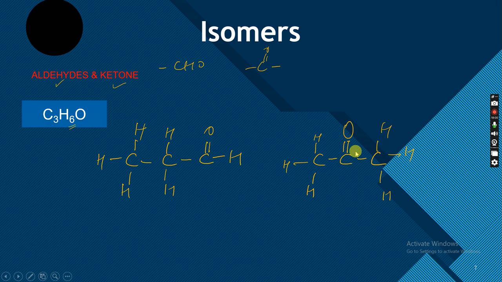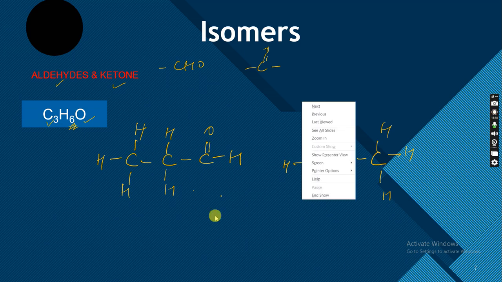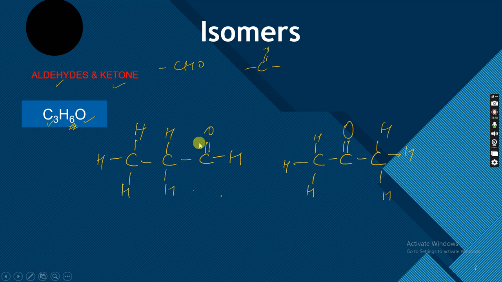Now you count the total number of hydrogens, 1 2 3 4 5 6, the same 6 hydrogens, 1 oxygen and 3 carbons, right? So can we call them isomers, yes or no? Because their structural formulas are different, but the molecular formula is the same. Both have 3 carbon atoms, 6 hydrogens and oxygen, but their structures are different, right? So they are also isomers of this compound.